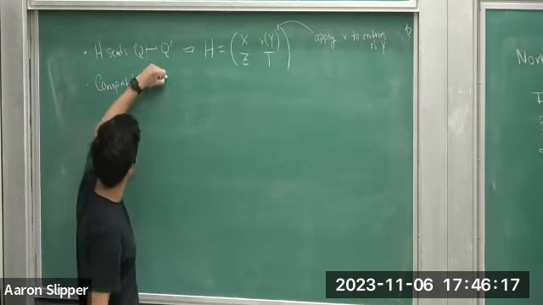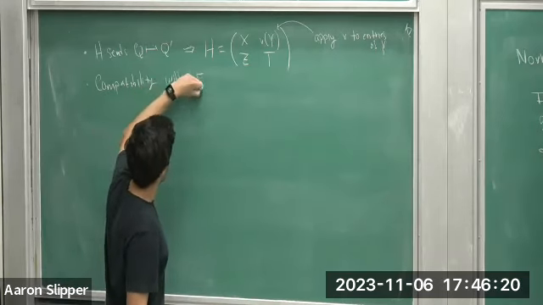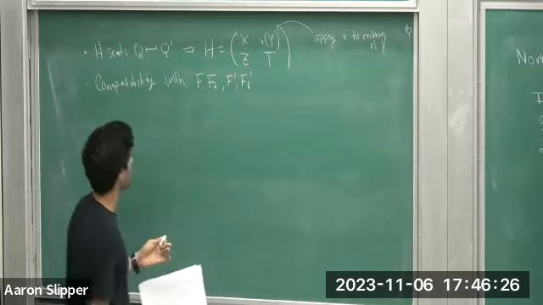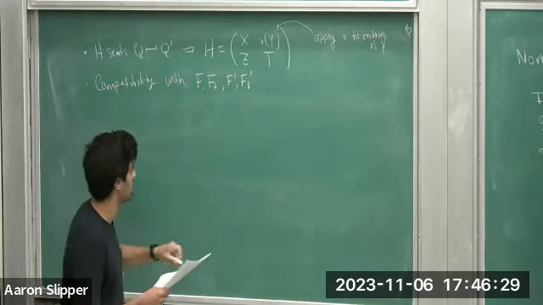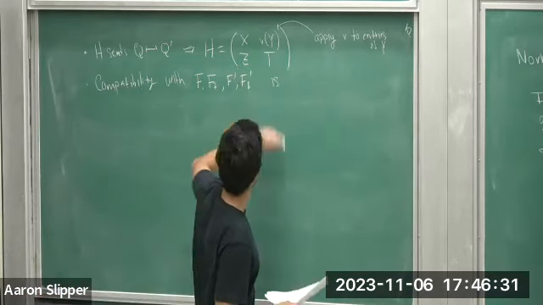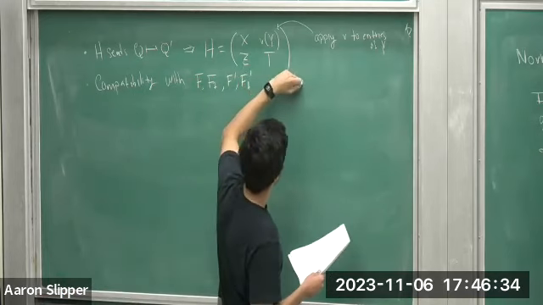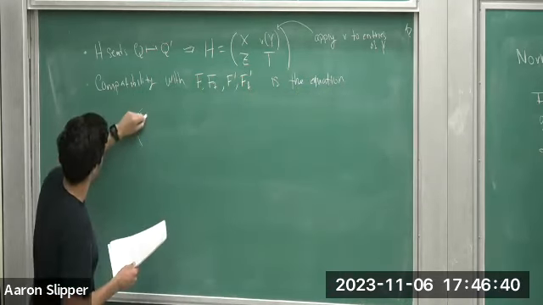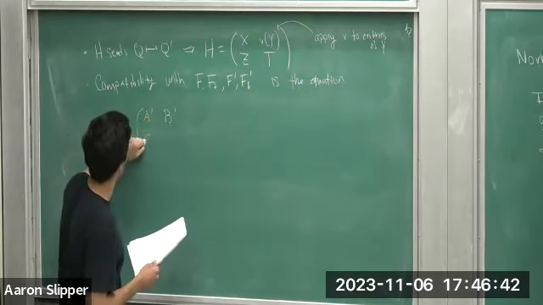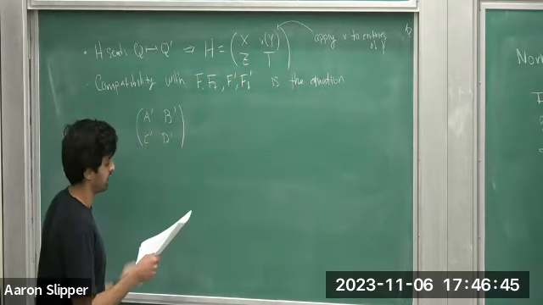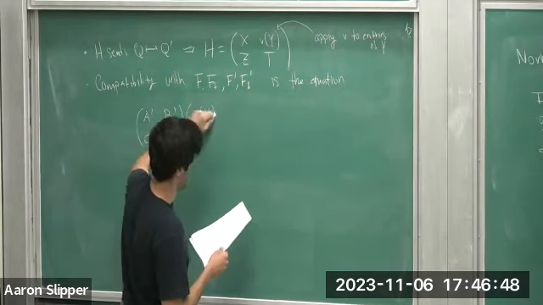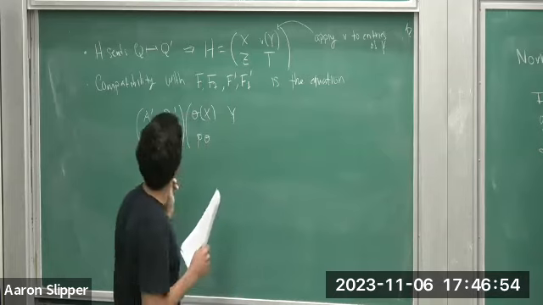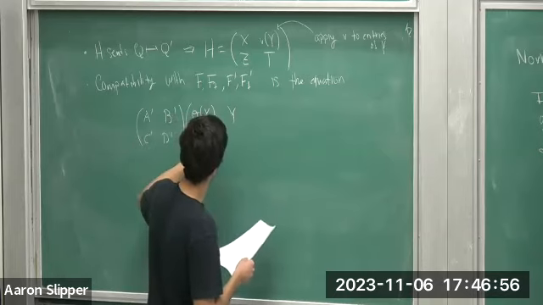Okay, so compatibility with F1, F1 prime. If you work out what this means, it ends up just being a matrix equation. So if this is the corresponding data for P prime, then you multiply it by. Yeah, you're right. You probably have to clear it.